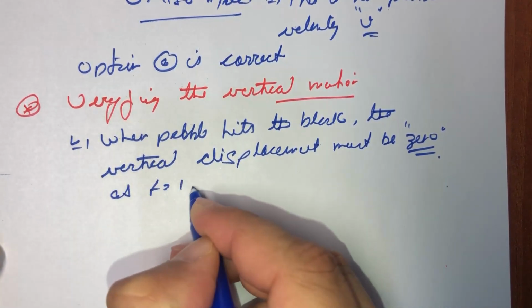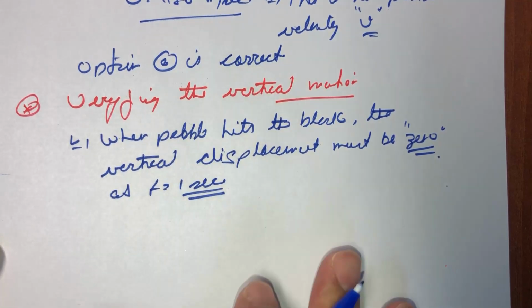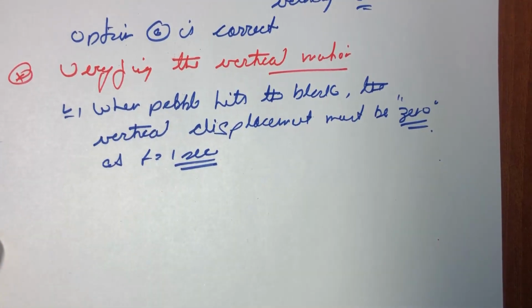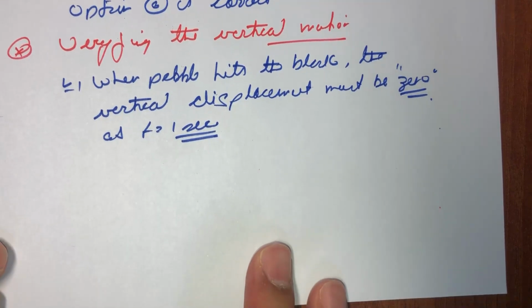At t is equal to 1 second, we can write the formula for the vertical displacement for projectile motion.